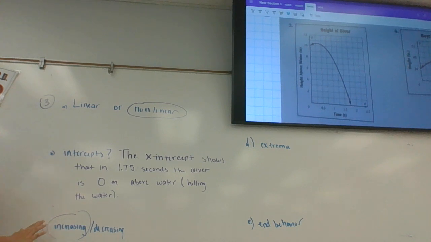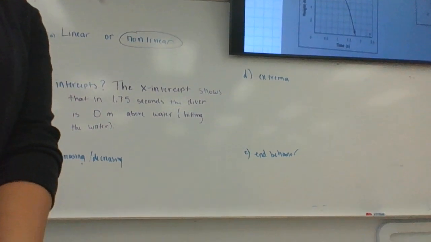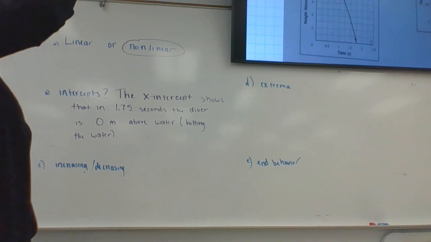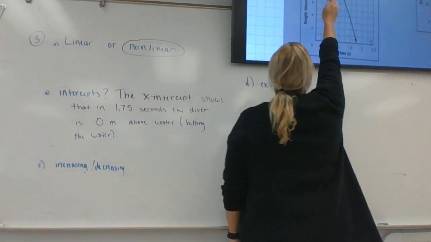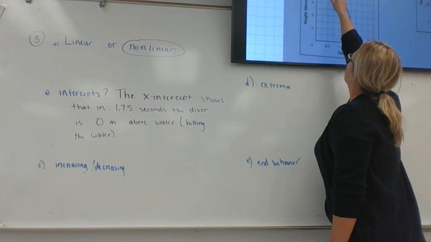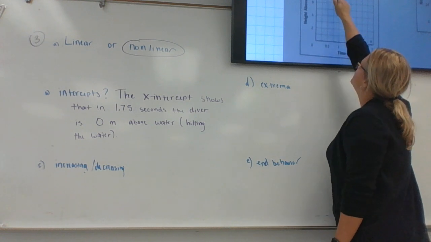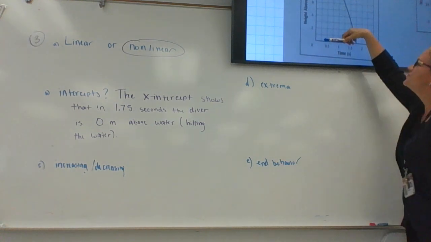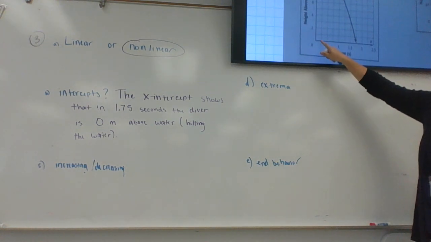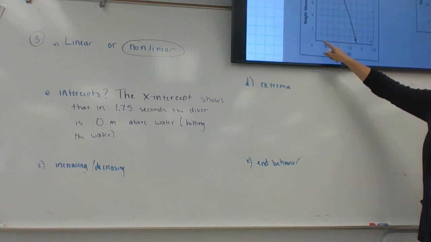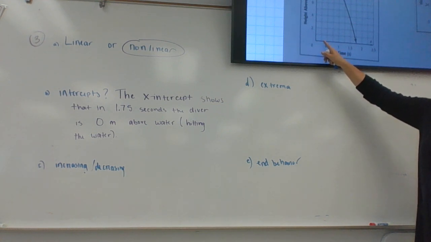Okay, is this one increasing or decreasing? This is complicated. This is going to take us a sentence to answer because it jumps. The diver jumps a little bit, so it's increasing until maybe, this is 0.25, so maybe I want to say till about 0.4 seconds.